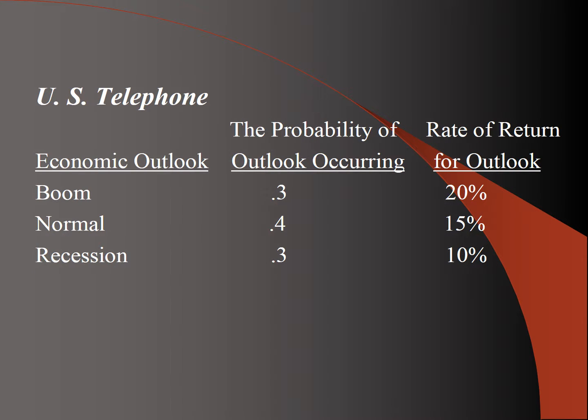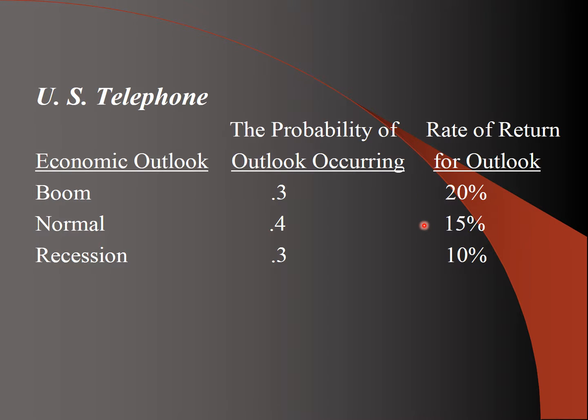Now, another stock is U.S. Telephone, and we're assuming the same 3 states of economy, a booming, a normal, and a recessionary, with the same probabilities as before. The only thing that's different is U.S. Telephone is projected to have different rates of returns for the different states of economy. So with the booming economy, U.S. Telephone is expected to yield a 20% return.